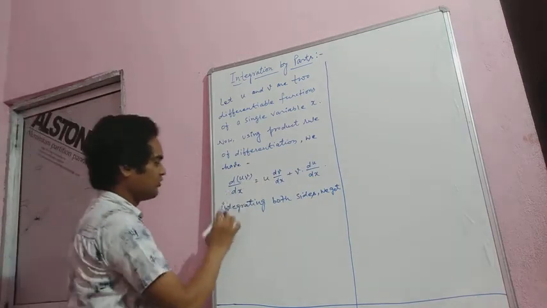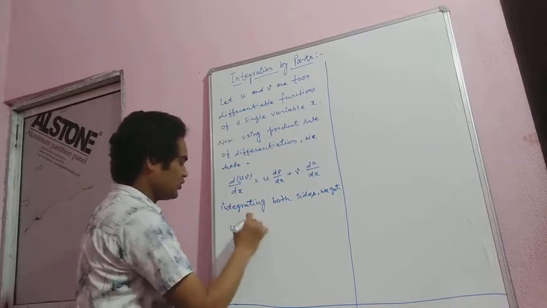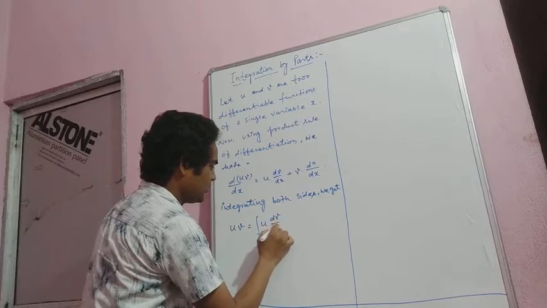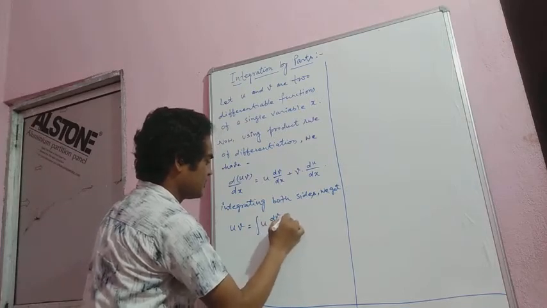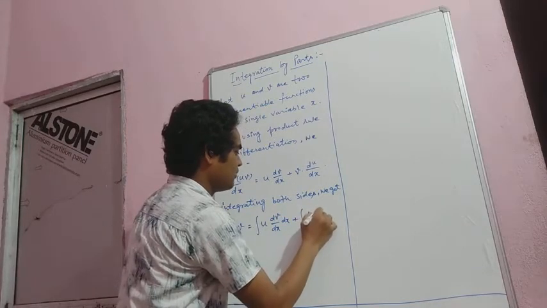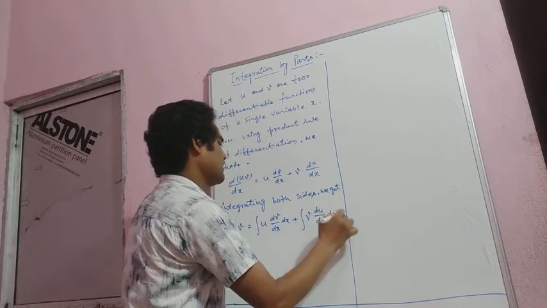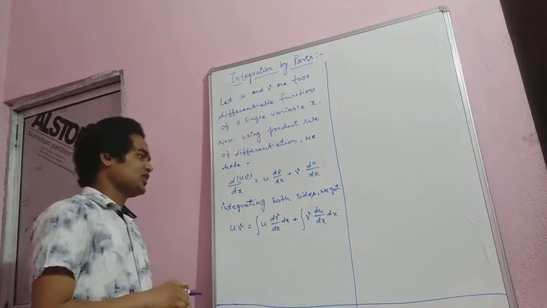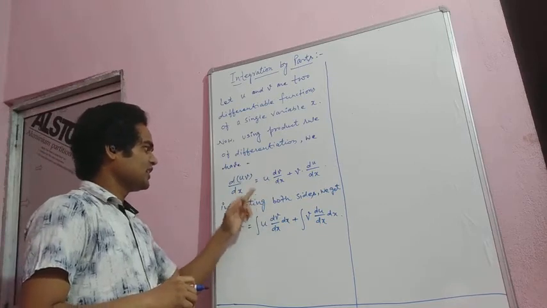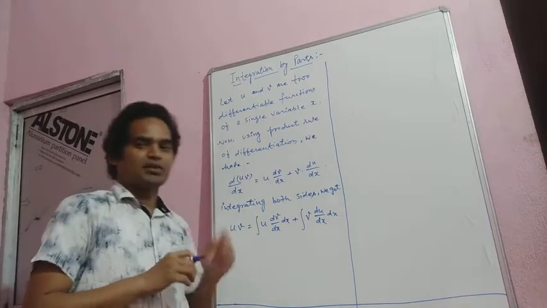That means uv is equal to the integral of u dv/dx dx plus the integral of v du/dx dx. By the definition of integration, after integrating, this expression will become this expression.